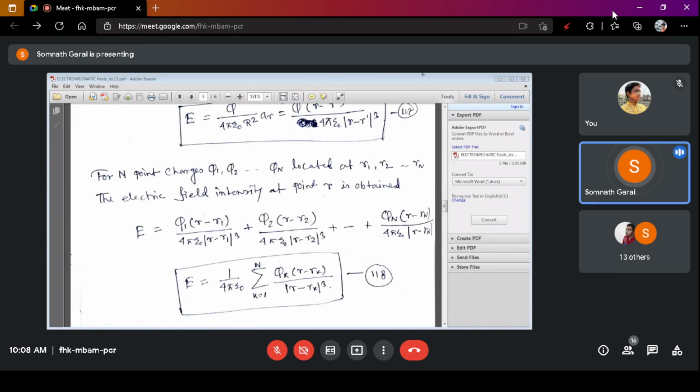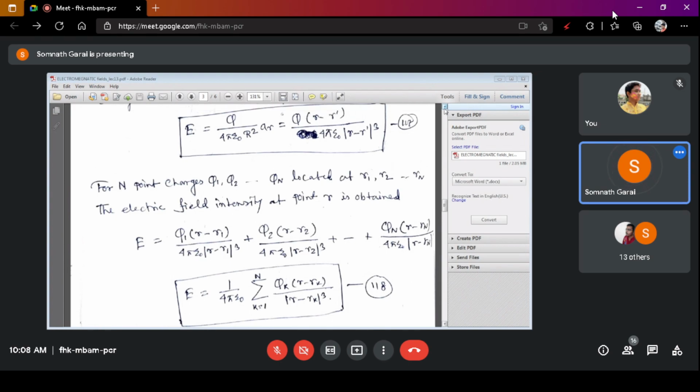Then equation number 117 is modified to equation number 118, because it is the summation of the electric field intensity of every point.